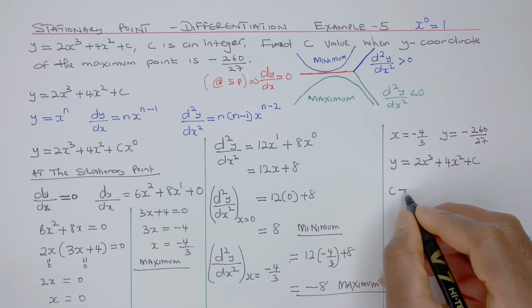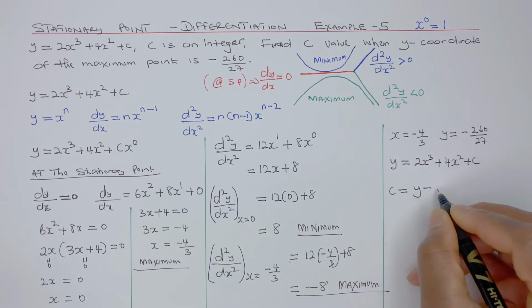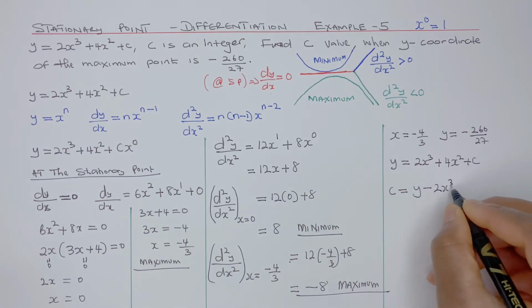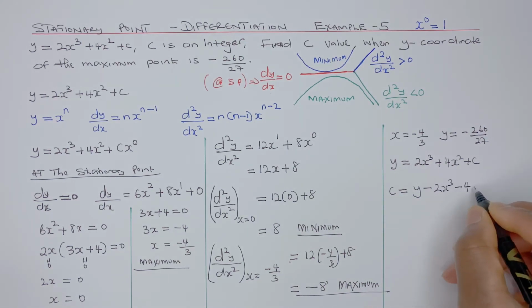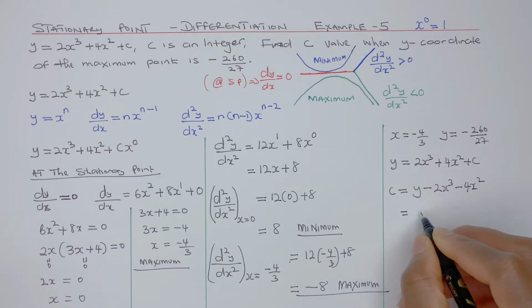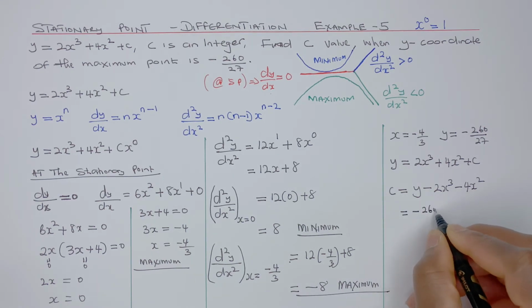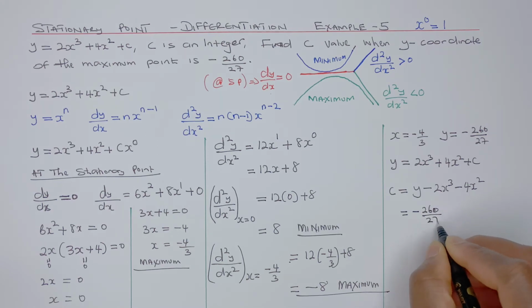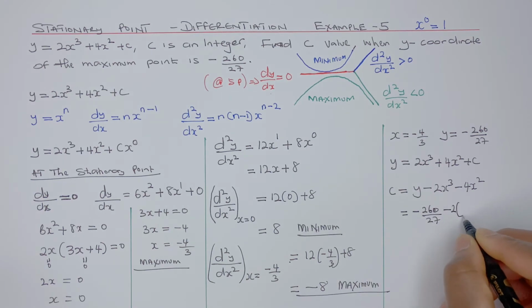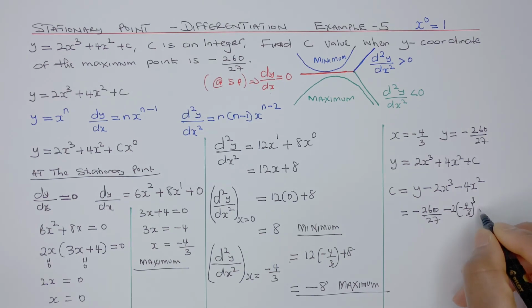Therefore, c will be y minus 2x cubed minus 4x squared. That will be minus 260 over 27 minus 2 into bracket minus 4 over 3 cubed minus 4 into bracket minus 4 over 3 squared.